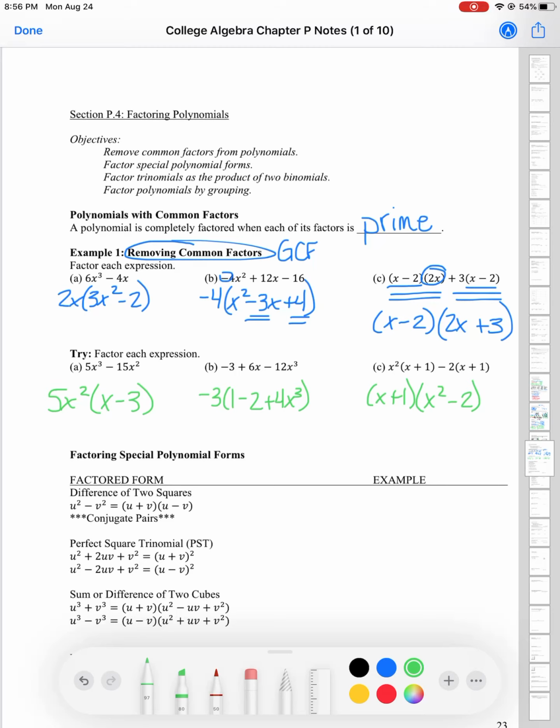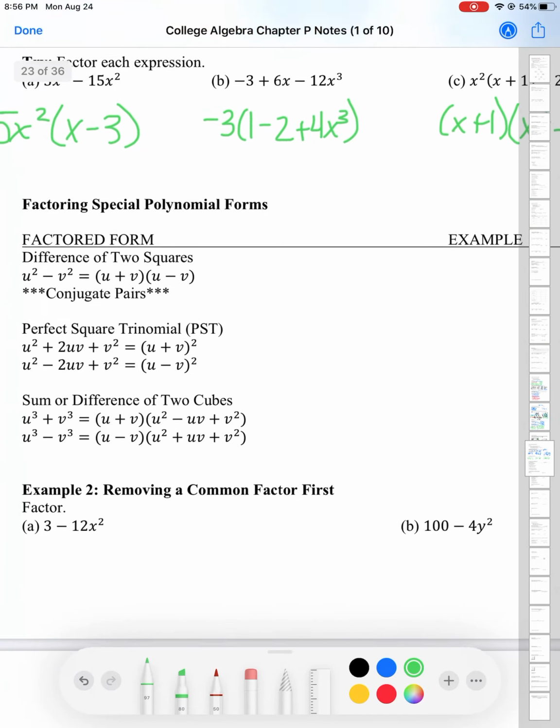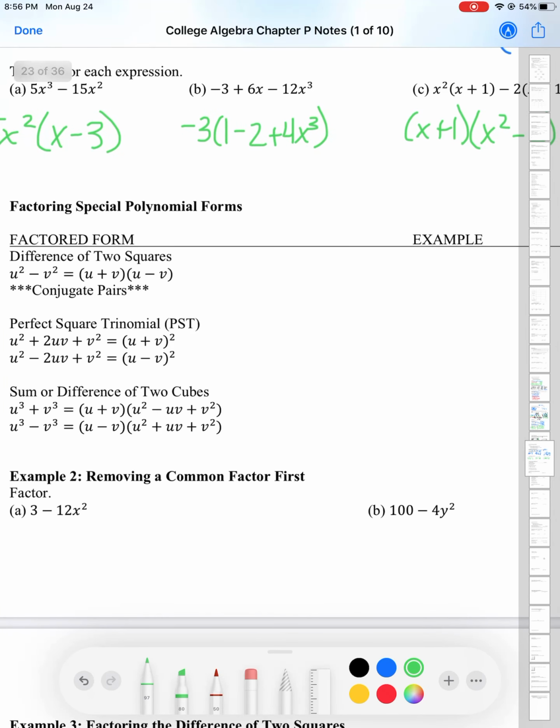Now we're going to go on to factoring special polynomial forms. So we have our special ones that can save us a lot of time if we just remember these. So first of all, it's our difference of two squares, or difference of two perfect squares. So let's say we have 9x squared minus 4.